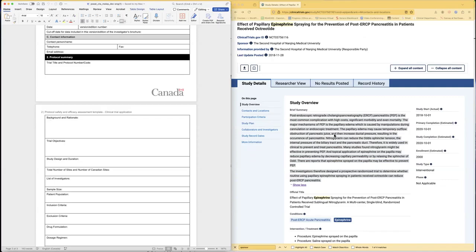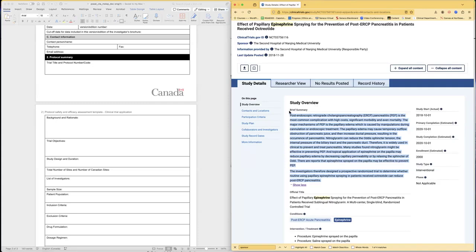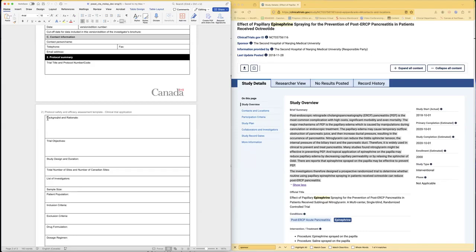So we go to clinicaltrials.gov, we search for the study overview section, we go to the brief summary section, and then we read and use the information in this section to complete the box on the PSEAT document related to the background and rationale.